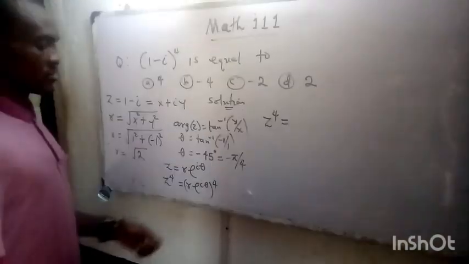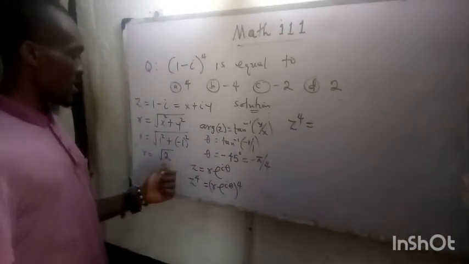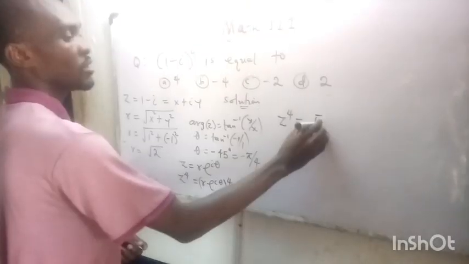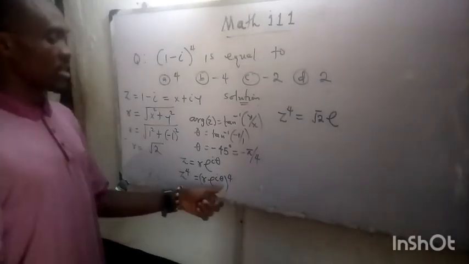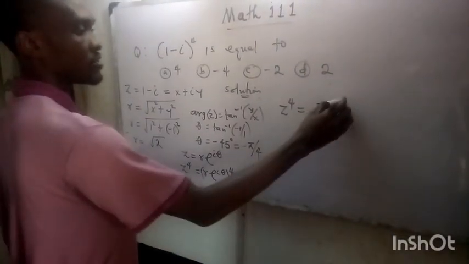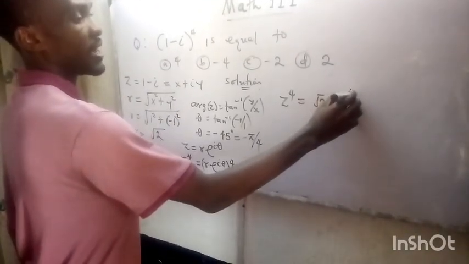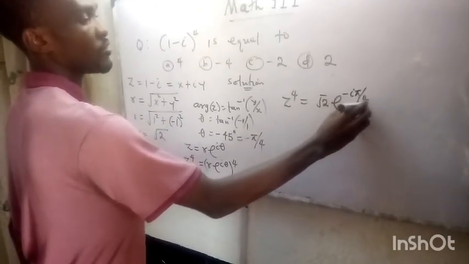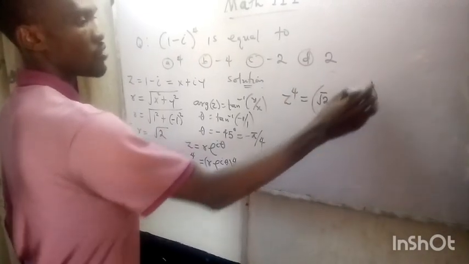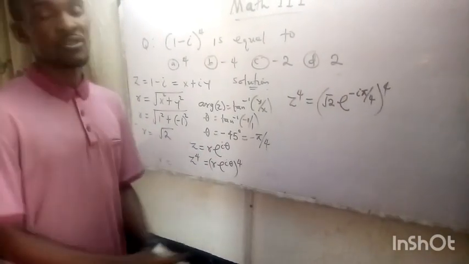What is our r? Our r is root 2. And what is our theta? Our theta is minus i pi over 4, all to the power of 4.